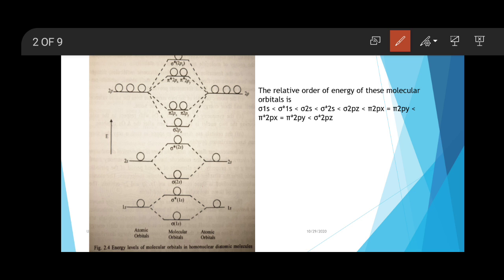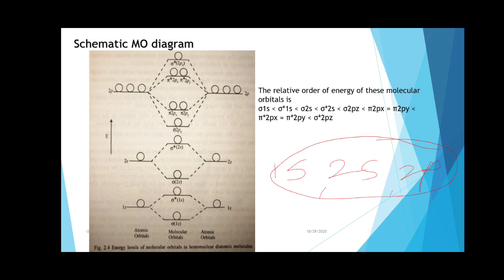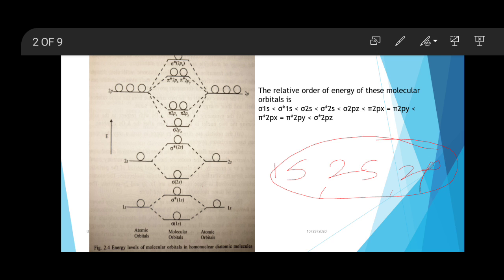So in these examples only 3 orbitals mostly contribute: one is 1s, second is 2s, and third is 2p. These 3 orbitals we mostly use for the formation of molecular orbitals in simple diatomic molecules.